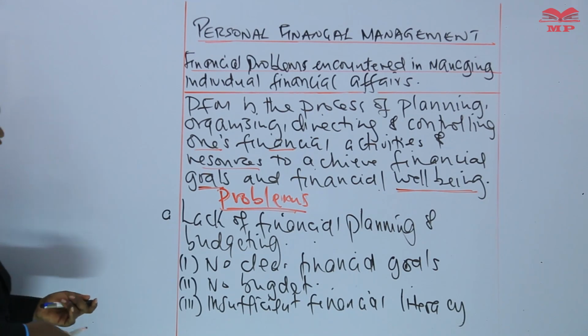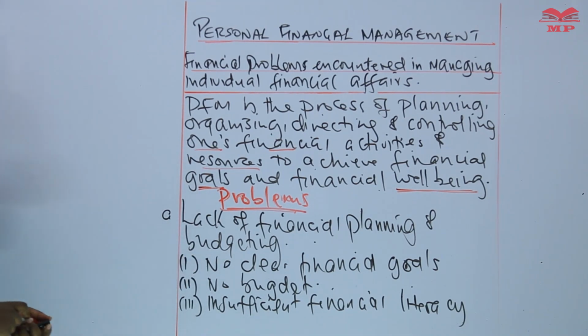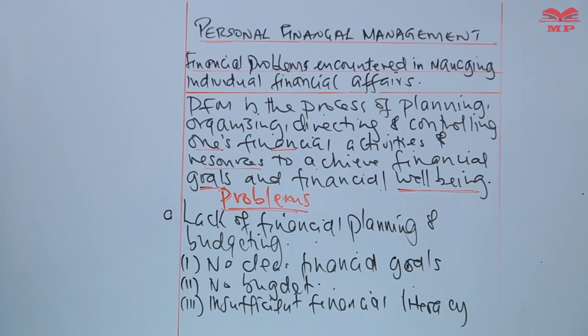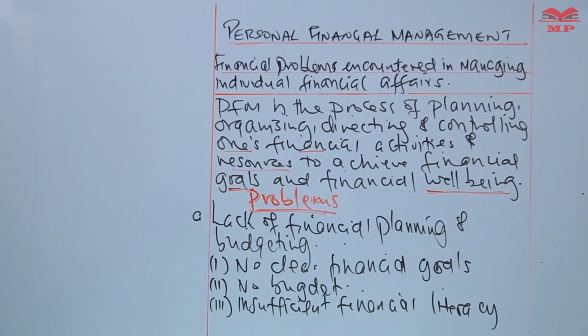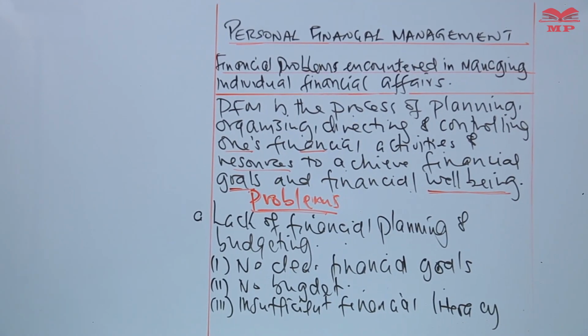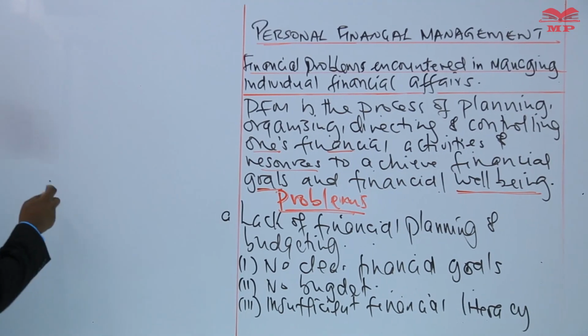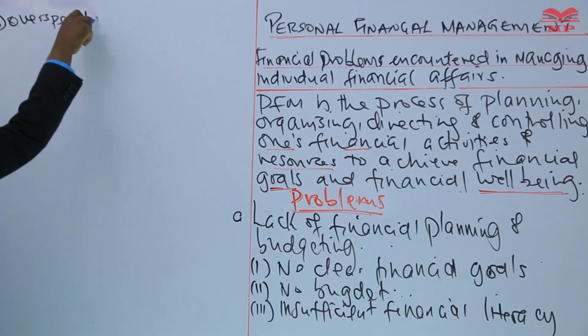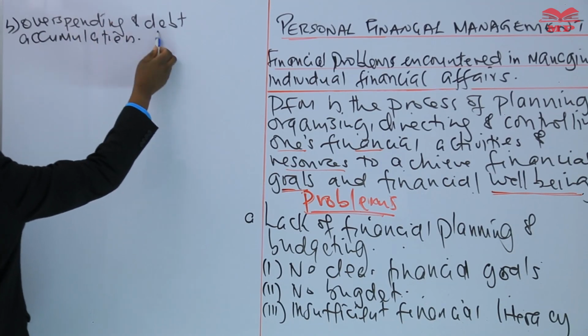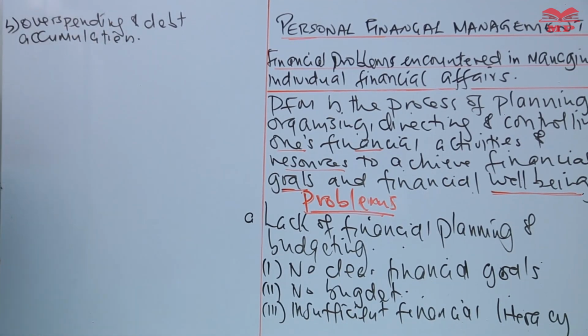I've discussed 3 points. Then the second category is overspending and debt accumulation. Overspending and debt accumulation is yet another financial problem encountered in managing individual financial affairs. And overspending may be done through what we call impulse buying.